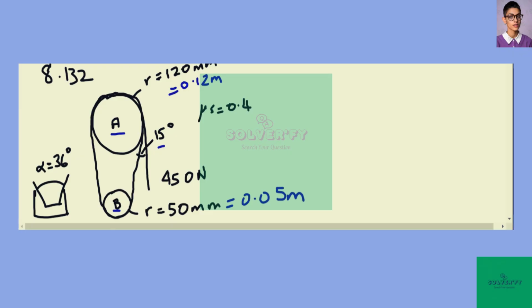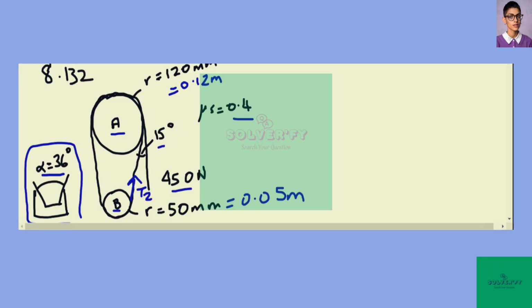The static coefficient of friction to be 0.4. The maximum allowable tension to be 450 newtons, so basically T2 to be 450 newtons. And we're told that this is a V-belt problem with the angle alpha to be 36 degrees.